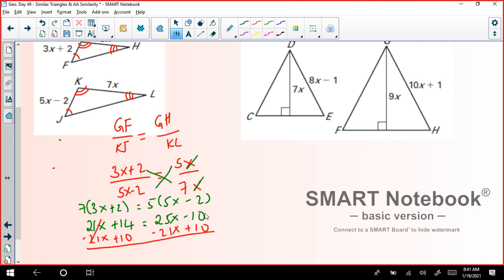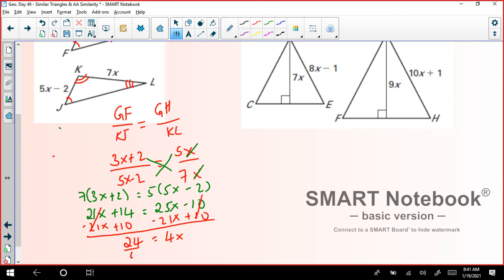These two will get crossed out, and these two will get crossed out. 25 minus 21 is 4x, and 14 plus 10 is 24. Then I divide by 4 on both sides, which gives me x equals 6.